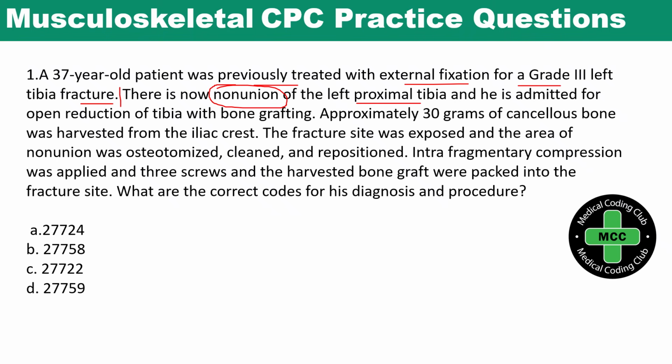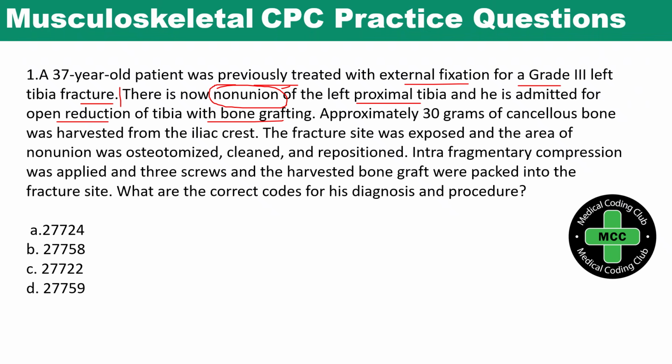And malunion fracture refers to the bone will get healed within a time frame, but it will heal in a wrong position. Okay, that is when we consider malunion. So now we are talking about non-union. That means the broken bone failed to heal. So for that he is admitted for open reduction of the tibia with bone grafting.